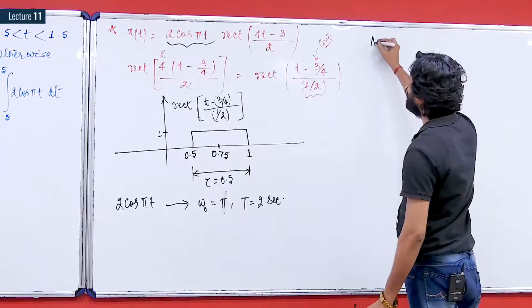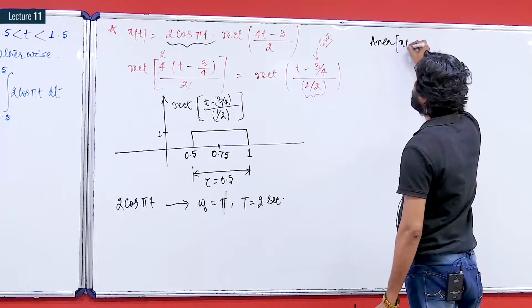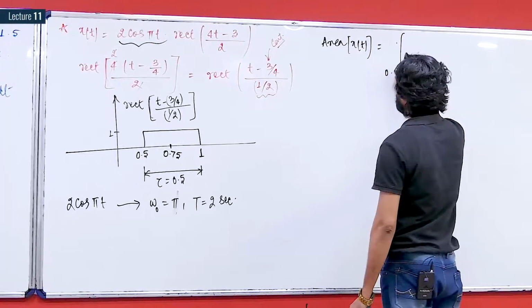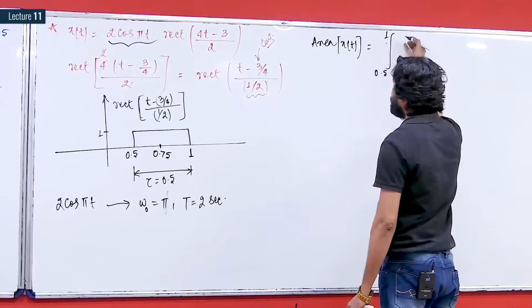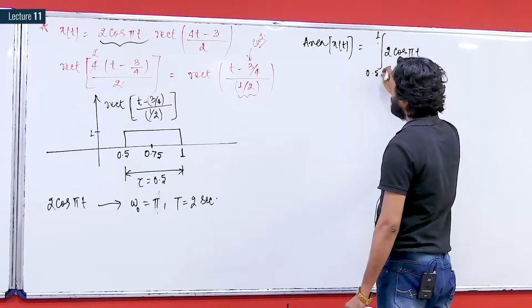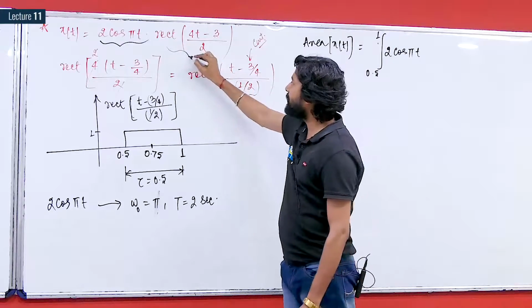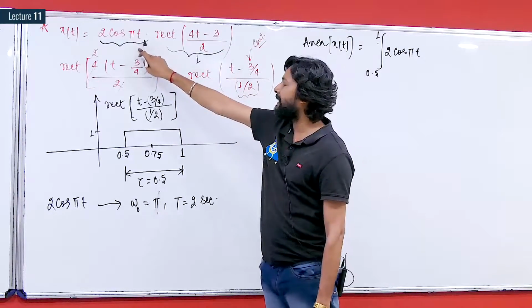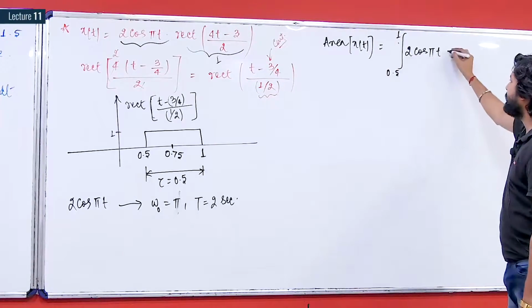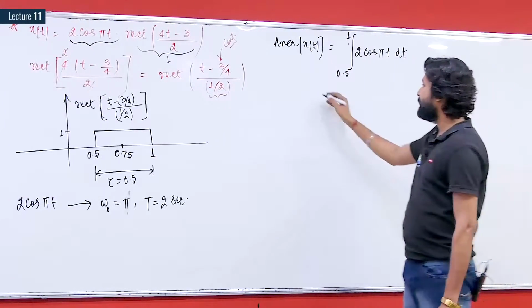Now if you find the area of x(t), you will take the integration from 0.5 to 1, the function will be the same, that is 2 cos pi t, because in that duration the value of the rectangular function is 1, therefore x(t) is this into 1, which equals the same value 2 cos pi t.